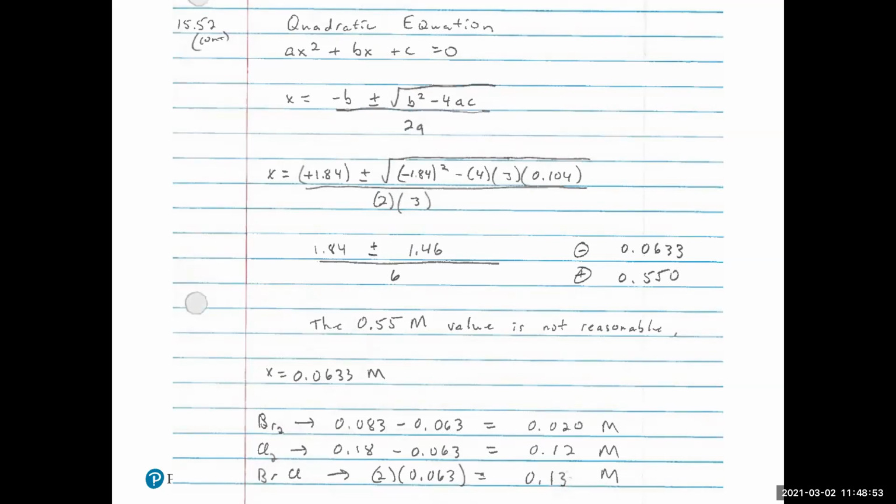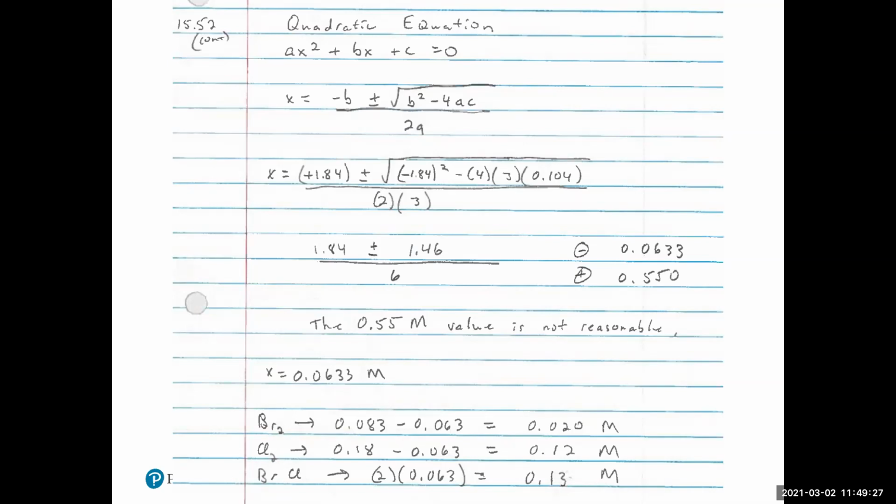We get to that point, then it's just a matter of taking those a, b, and c terms and plugging them into the quadratic equation, working through things, remembering that once we calculate the square root term, we have to apply it as both a positive and a negative, giving us two answers, and then deciding, based on the logic of what we're doing in the reaction, which one of those is correct.